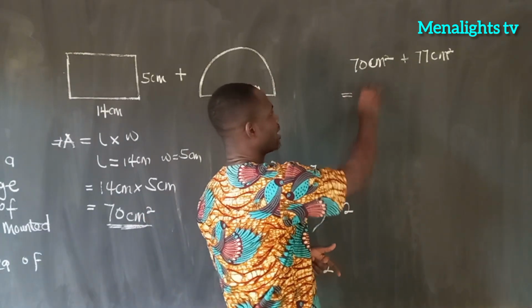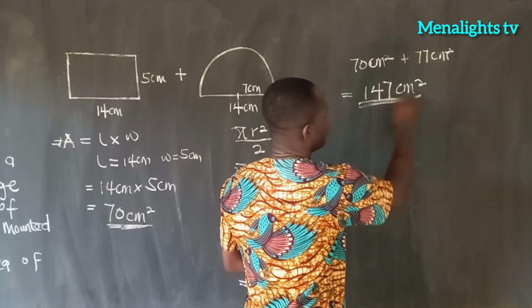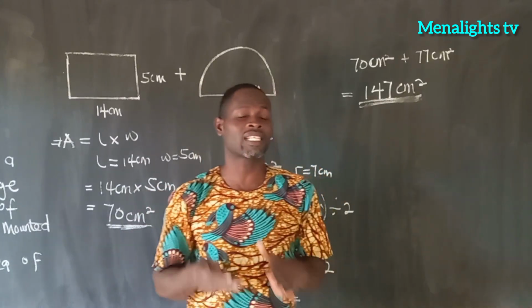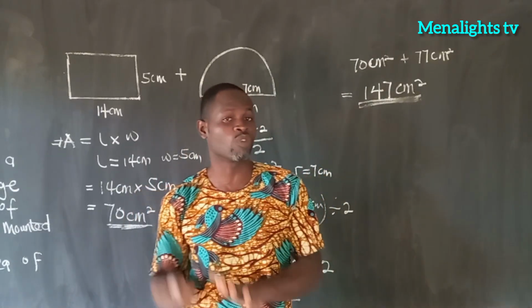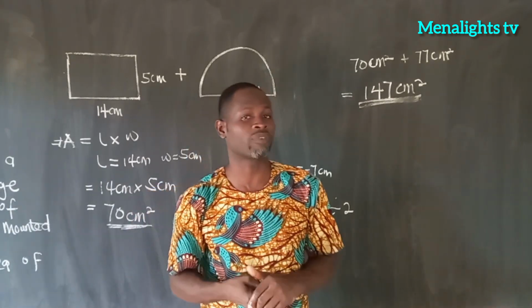Then all we are going to get is 147 centimeters squared. So the 147 centimeters squared is the area of the shape that we have from the beginning.